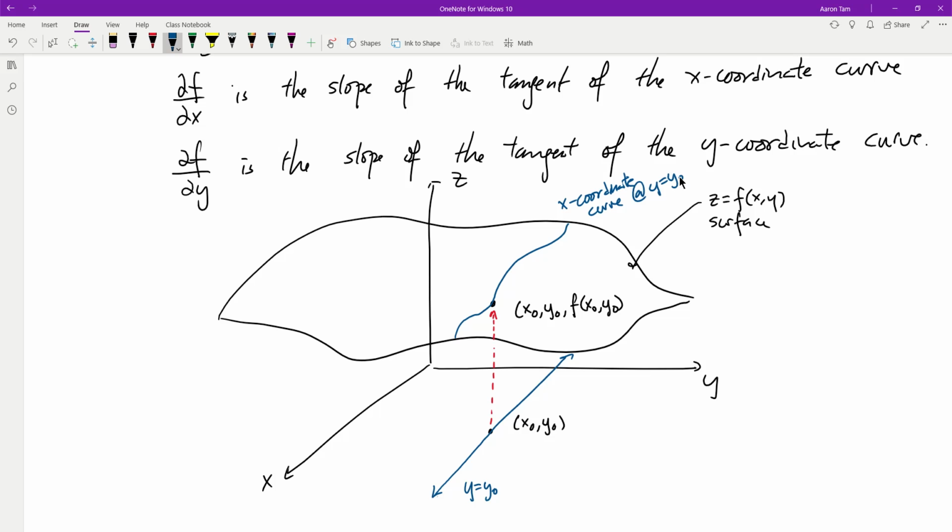And so what happened is this curve would only move in two directions. Which two directions? Because y is fixed, it can only move along the blue line, which is changing the x value, therefore it's in the x direction, and it can move up and down by moving further away from the xy plane or closer to the xy plane. That will be the z value, or the function f value.